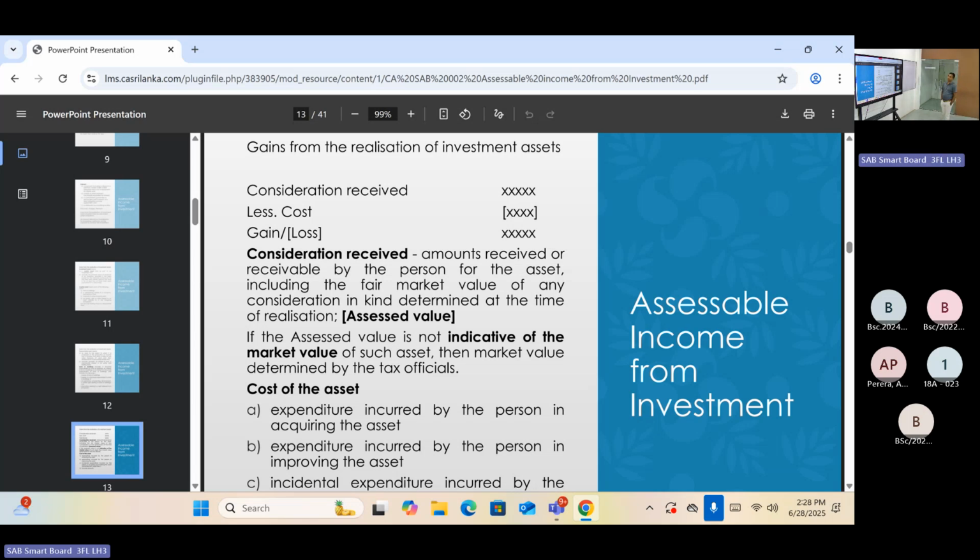So the first thing is that consideration received means really what we received or receivable, or the fair market value. Right? Just like, say, if I am going to sell a land, there is a valuation for the land.